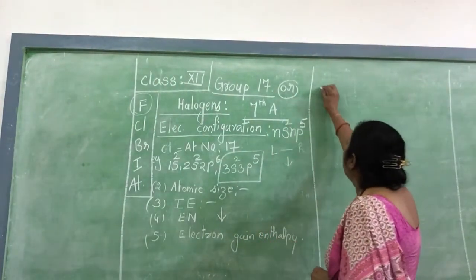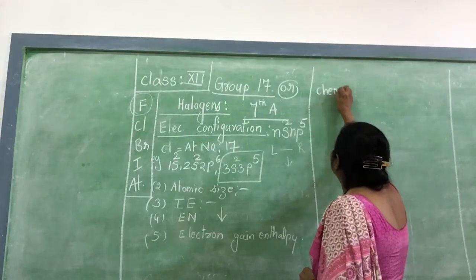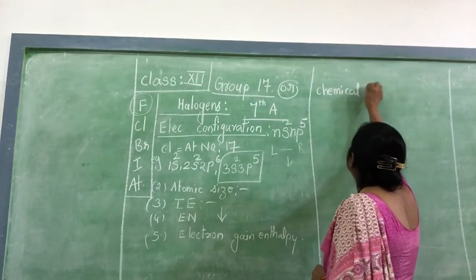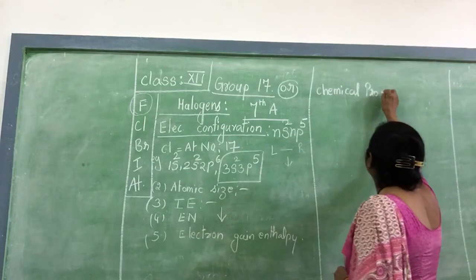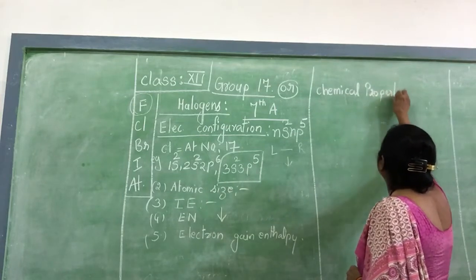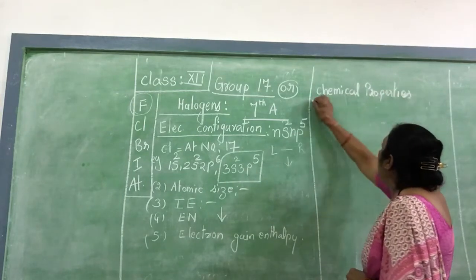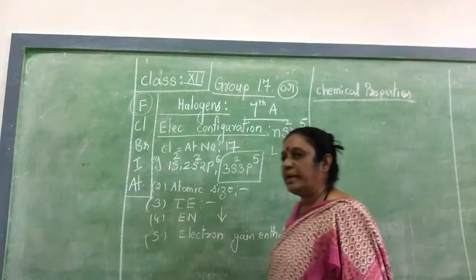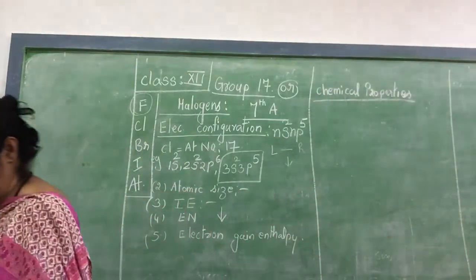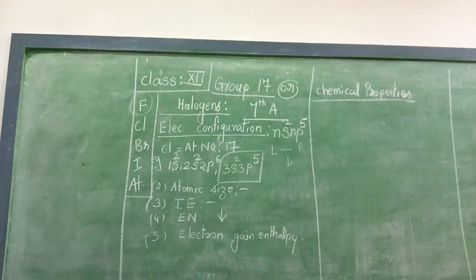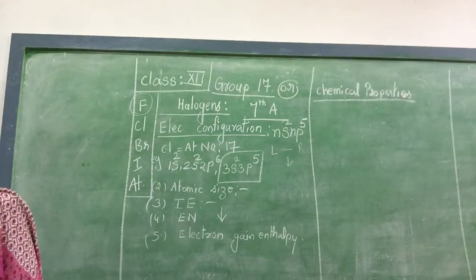Now next, children, chemical properties. Before starting the chemical properties, we have to discuss the oxidation state.